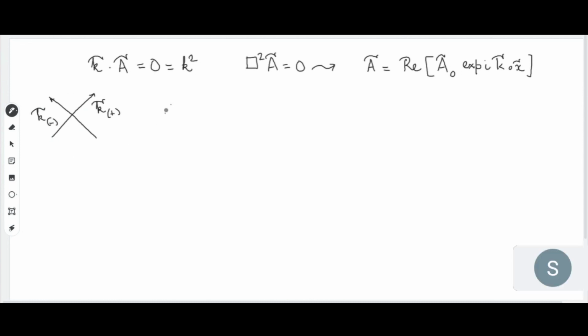So the transversality condition is then K plus dotted into A equal to 0, and that's the same as K minus dotted into A.